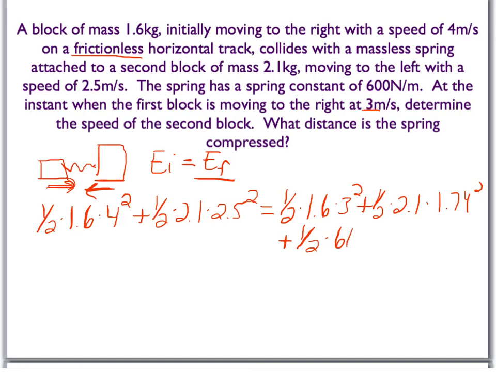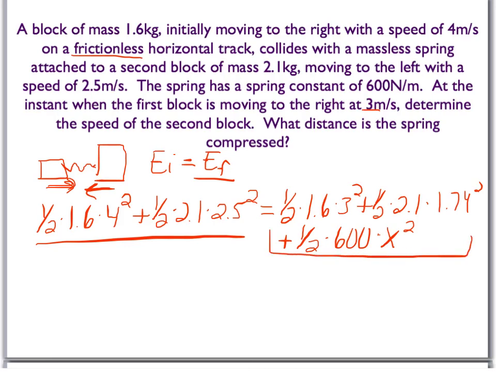The k of the spring is 600, and the compression distance of the spring is actually the variable that we're looking for. So in this case, we could set up a conservation of energy equation to go along with this problem as well, because this type of collision is elastic. So we have all of our energy at the beginning of the problem, we have all of our energy at the end of the problem, and these two things now need to be equal to each other.